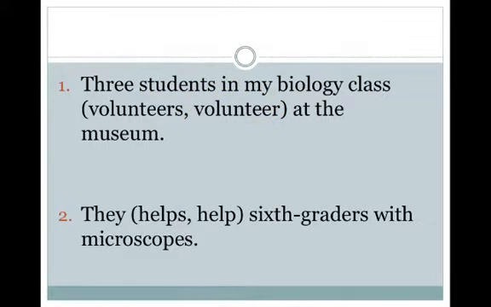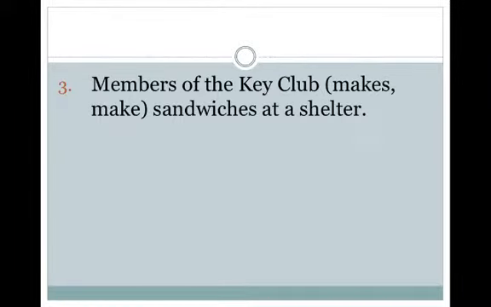Number 2, they helps or help sixth graders with microscopes. The subject is they, so it's already the pronoun, and that means our verb is help because you would say they help, not they helps. Number 3, members of the Key Club makes or make sandwiches at a shelter.